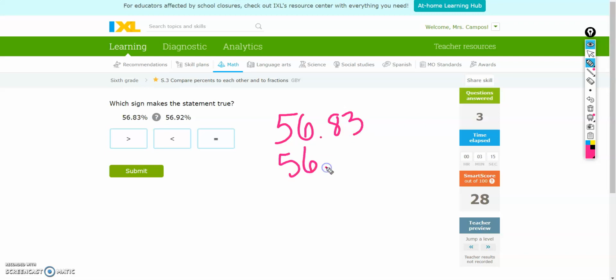So 56 and 92 hundredths. So the 56 is the same. Now I need to look at this one, because we start from the left and move our way to the right. Okay, so this number is bigger.